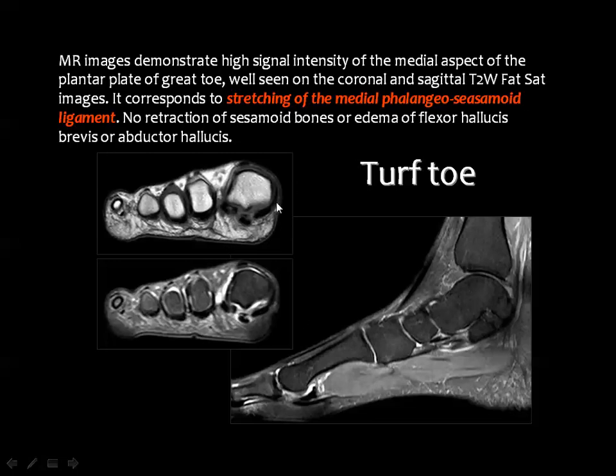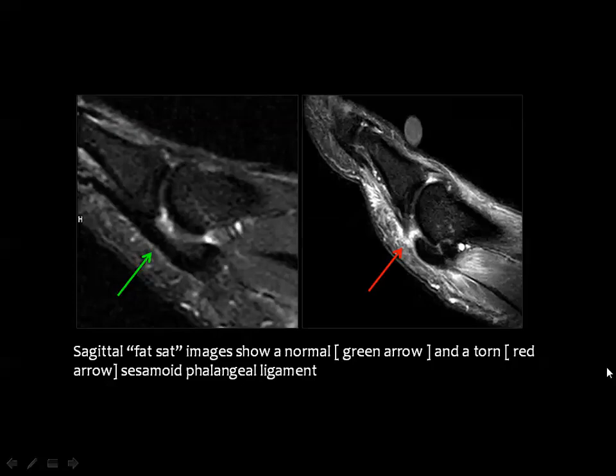Then here is the coronal image of the foot at the level of the first metatarsophalangeal joint, and you can see that there is capsular stretching and some soft tissue edema here and there, which is diagnostic of turf toe. Then you can compare the normal appearance of the ligaments and the rupture of the ligament with soft tissue edema at the site of the ligament.